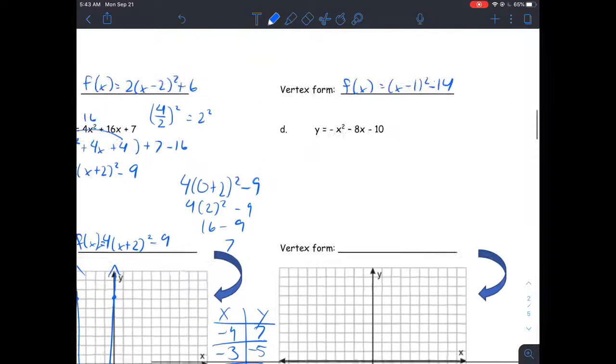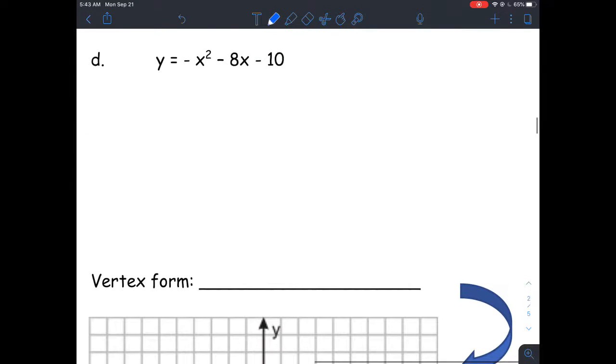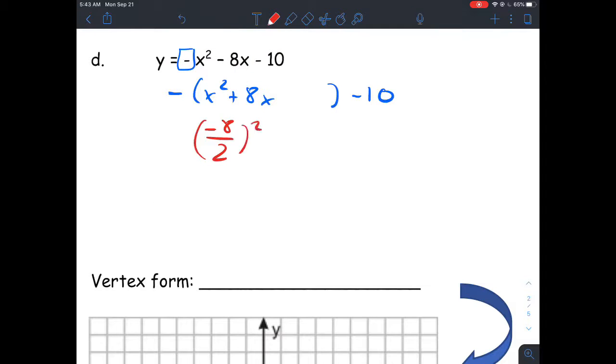All right, next one. We got to get this guy into vertex form. So this guy almost looks like he'd be easy to get into vertex form. However, the coefficient isn't 1, it's actually negative 1. So we end up having to factor out a negative 1. All right, and then again, we're going to do negative 8 divided by 2 squared.